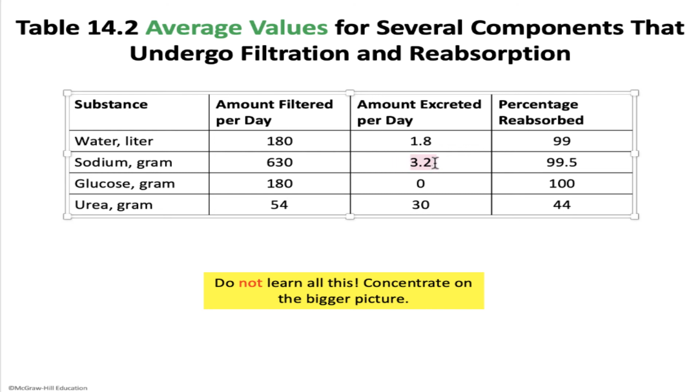And again, that's dependent on your diet. 180 grams of glucose are filtered each day, and 100% of that is reabsorbed. Therefore, 0% of glucose should appear in the secretions. And urea, 54 grams of that is filtered. Most of that is secreted. Only 44% is reabsorbed. The rest, which is waste, is eliminated.